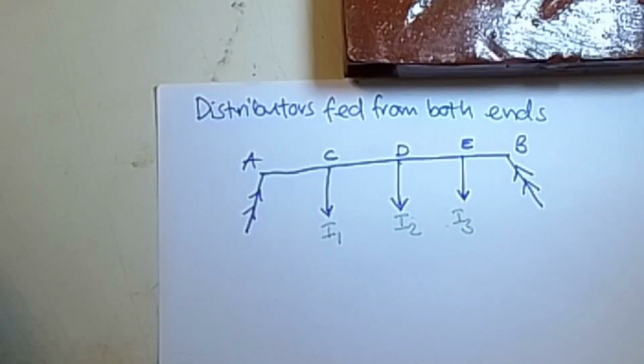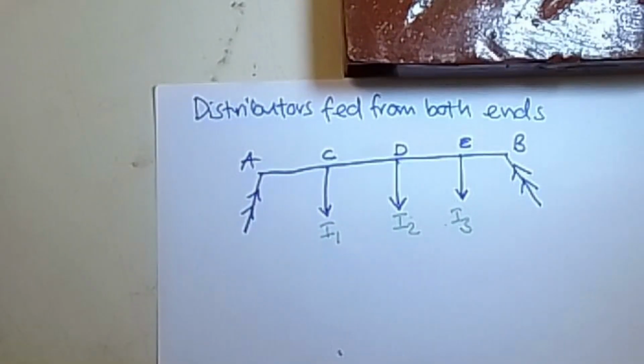So what we are going to do with such a distributor is, first of all, find the place where we have minimum potential. To calculate that, we need to first get the currents flowing in each section.